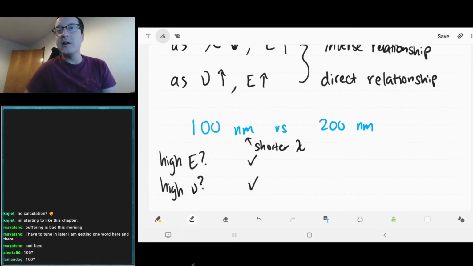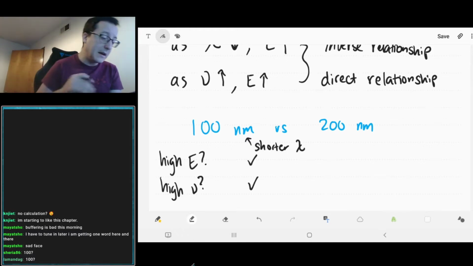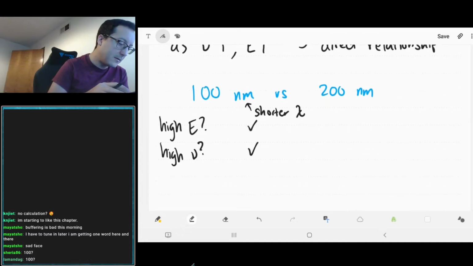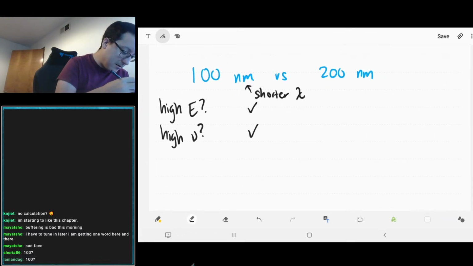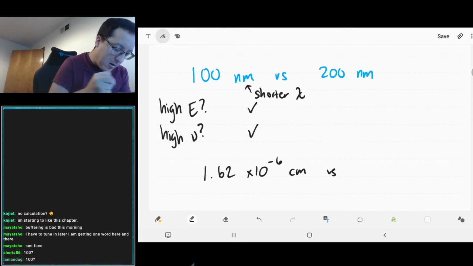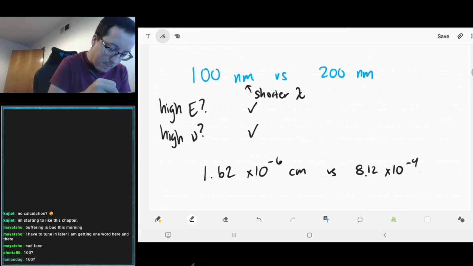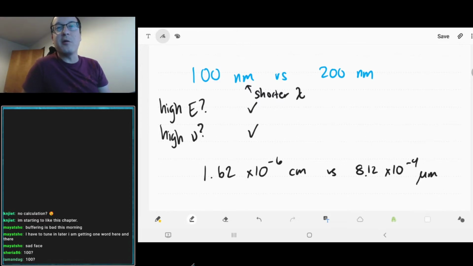The only way I could make this more difficult would be, for example, to throw it in different units.